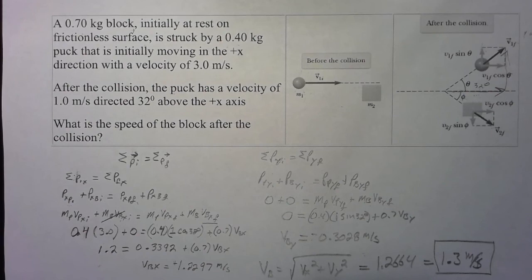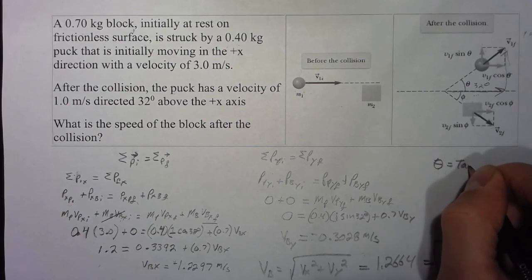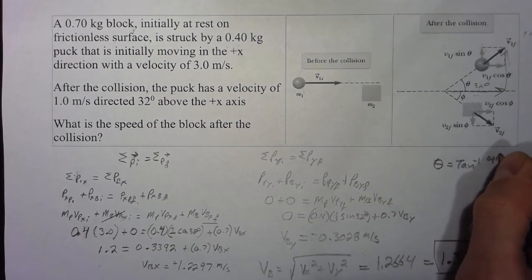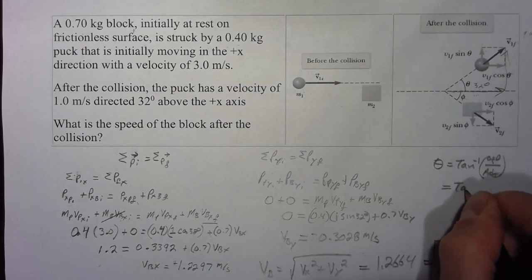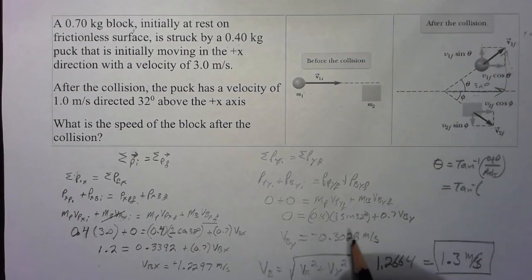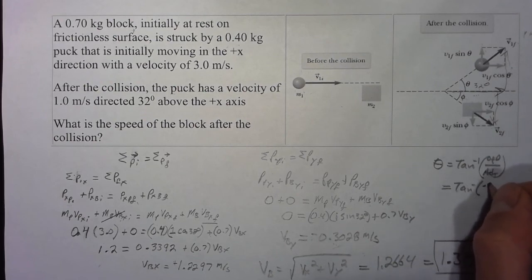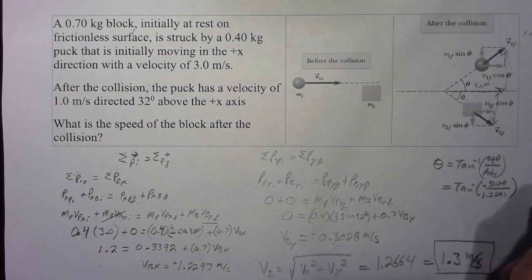Now, if we want to find that angle, to find the angle it's making right here, that theta is going to be the inverse tangent of the opposite velocity over the adjacent velocity. So that's the inverse tangent of the y. Now I'm going to put absolute values in and use my brain to figure out the angle. So I'm going to use this magnitude, this y, 0.3028, divided by this x, 1.2297.